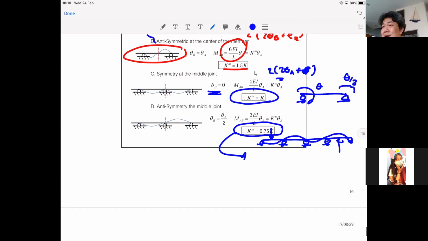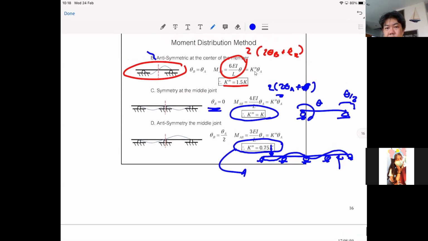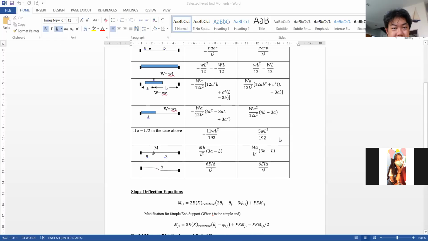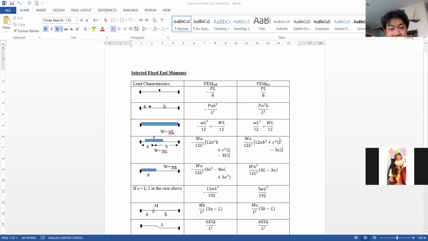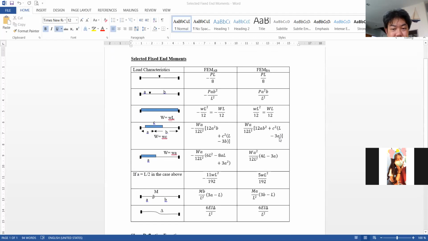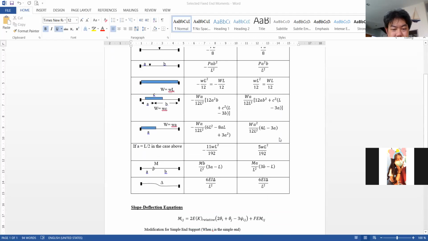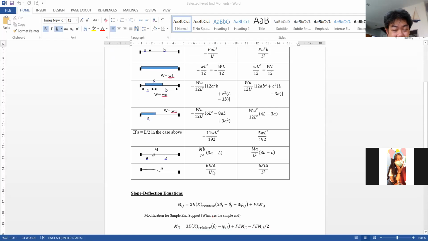So let me stop the share, and I will share this screen instead. This is generally the page that I give at the back end of the exam: the formulas for fixed end moment. You don't have to memorize anything.